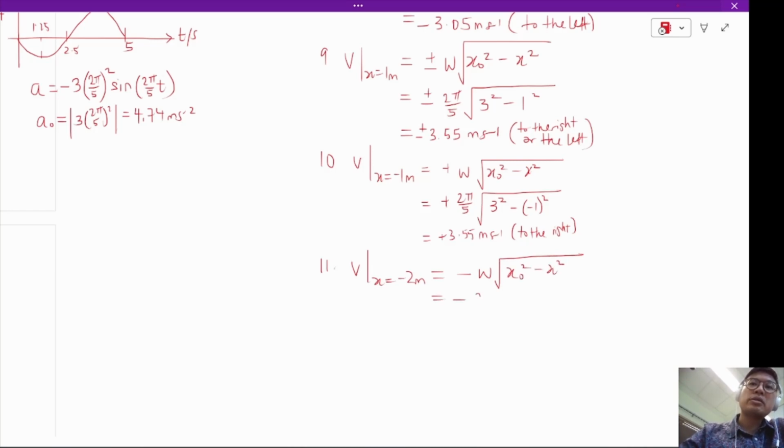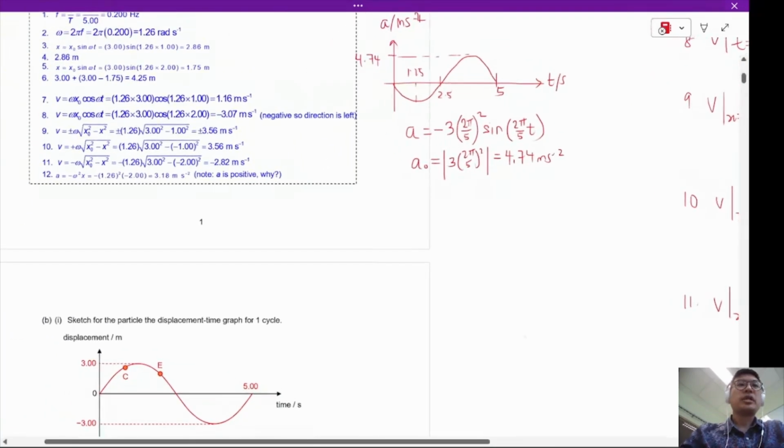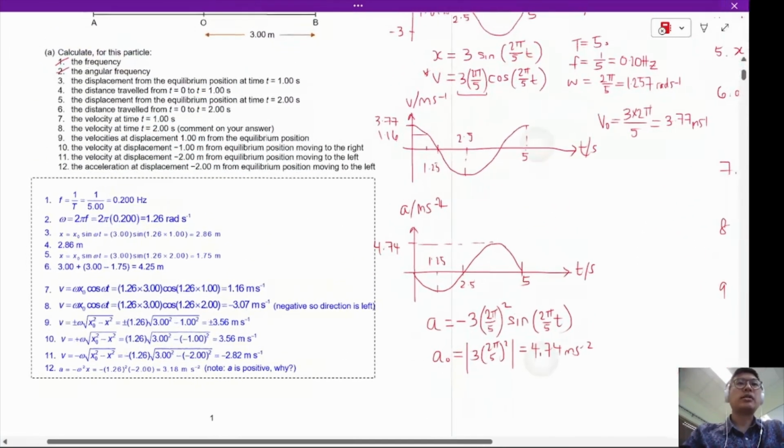So this will be minus 2 pi over 5 times the square root of 3 squared minus 2 squared. Okay, and that gives us a negative 2.81 meters per second. Sorry, meters per second.